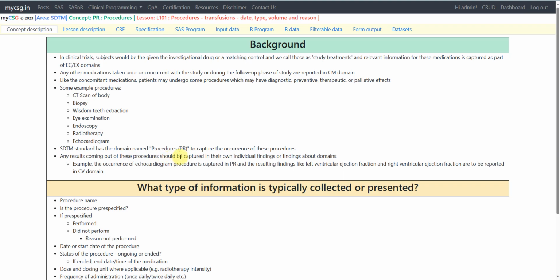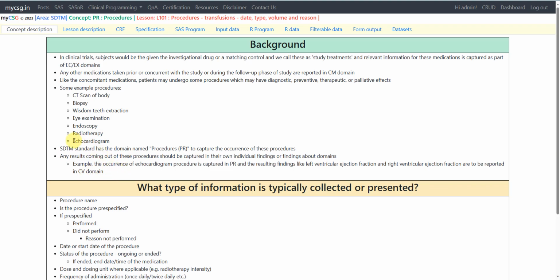So what does this mean? Say for example, if an echocardiogram is performed, the occurrence of the echocardiogram procedure is captured in the PR domain, and the resulting findings like left ventricular ejection fraction and right ventricular ejection fraction are to be reported in the CV domain.